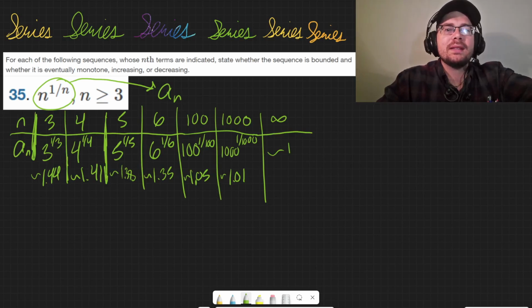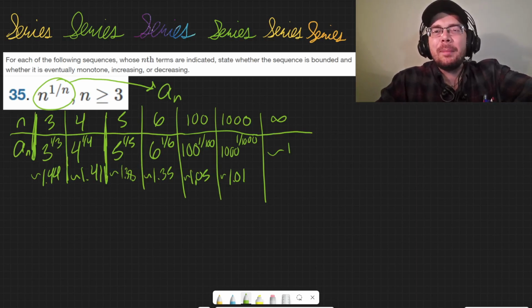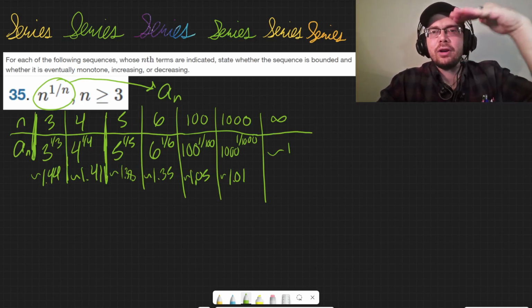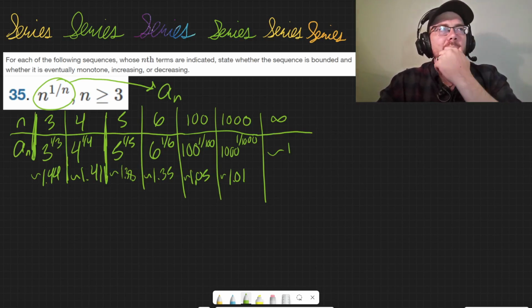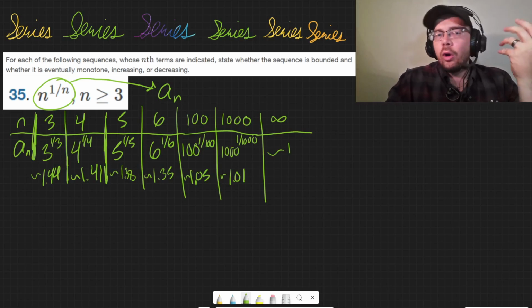So it's not really bounded above. It's bounded above if it never goes above a certain point, and it doesn't ever go above 1.44 or 3 to the 1/3 power.